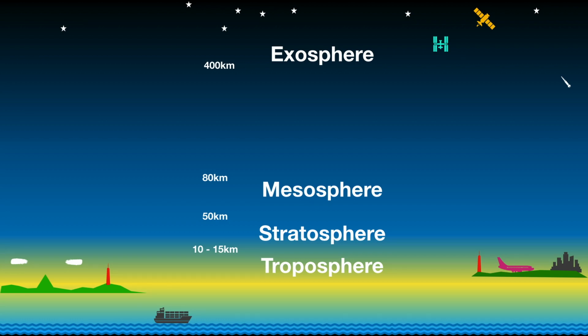Now, just to get an idea where we are, we're at the very fringes of space here, and the ISS, the International Space Station, is orbiting just above the exosphere at about 408 kilometers high. So even at the top of the exosphere, there'll be hardly any molecules of air, and even fewer to collide with the ISS and slow it down in its orbit.